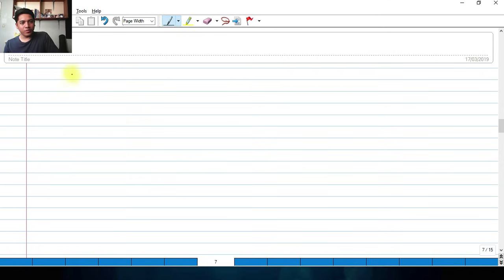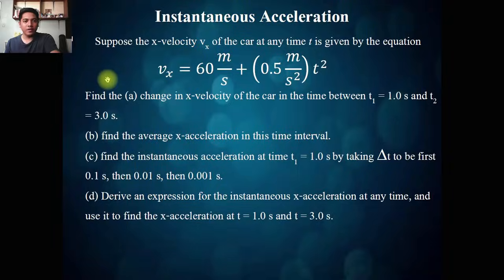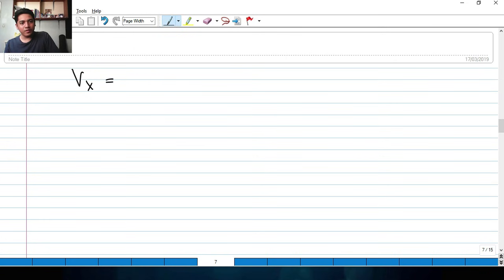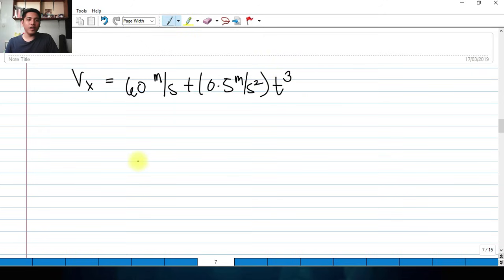So the velocity x of the car as a function of time is 60 meters per second plus 0.5 meters per second squared times t cubed. Okay? So, we have a car that has a velocity function with respect to time given by this equation.